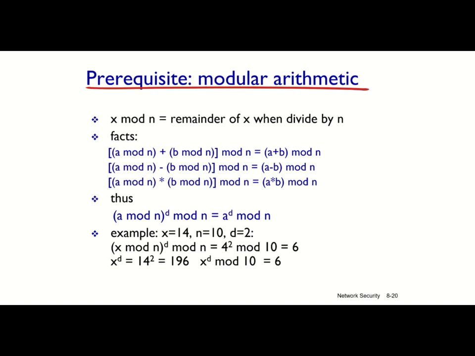So I just try to give you the basic idea. Look at this equation: (a mod n)^d mod n is equal to a^d mod n. Let's assume that this equation is true.